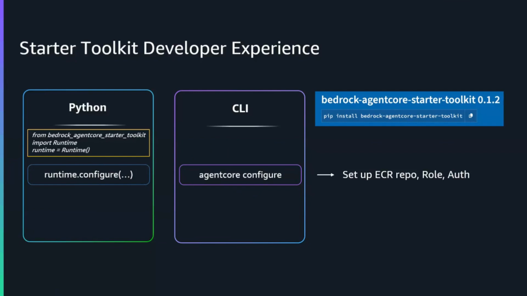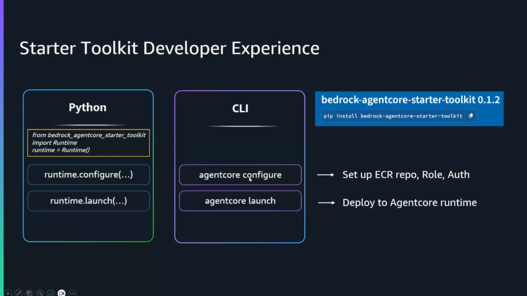So with the CLI, it will create your local YAML file and save all this information so that you can take a look and edit. It creates a Dockerfile that you have access to, so you can edit that as well. It picks up the entry point and all of your dependencies, such as your requirements.txt, and with that, you're able to configure.